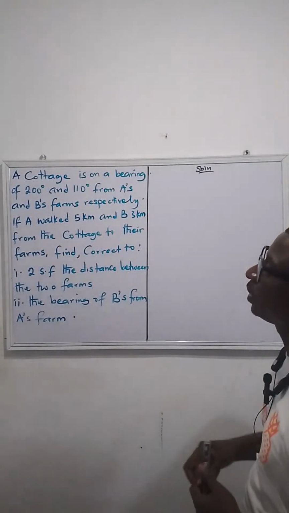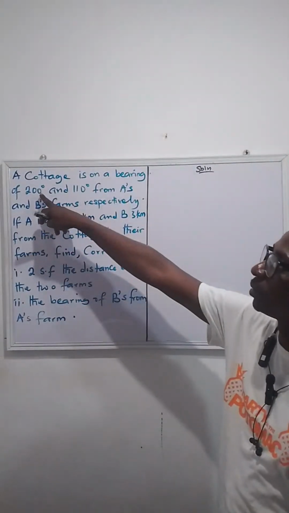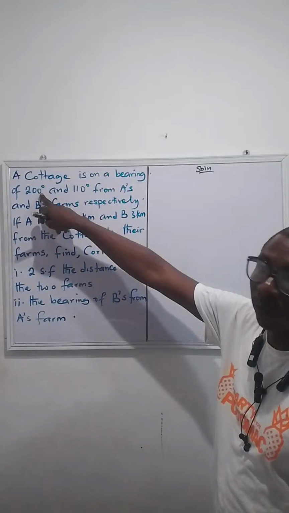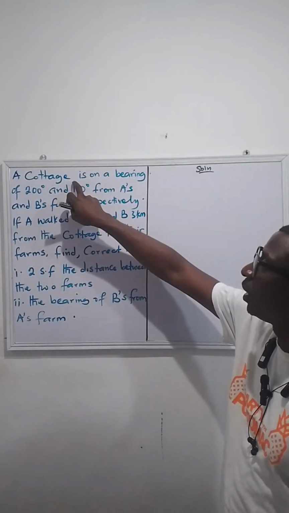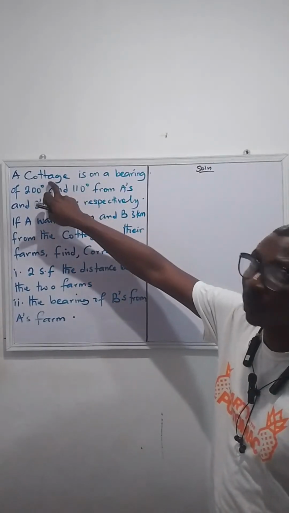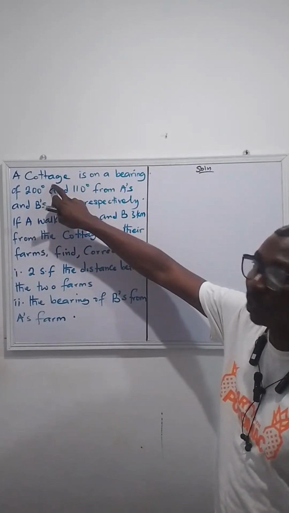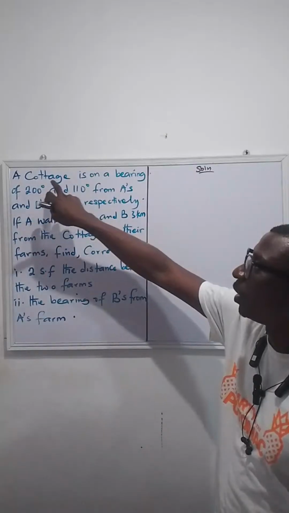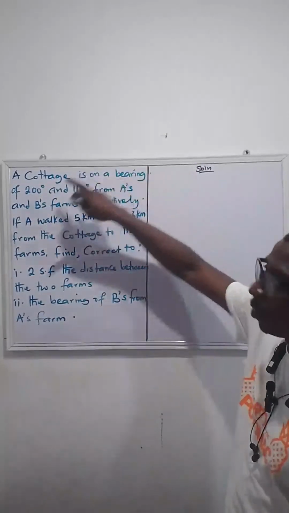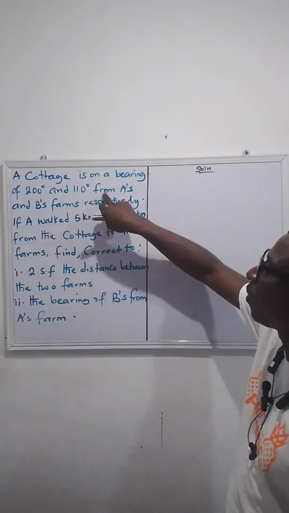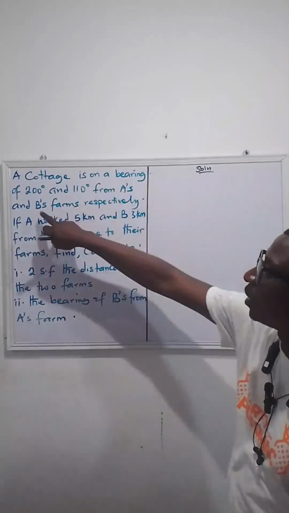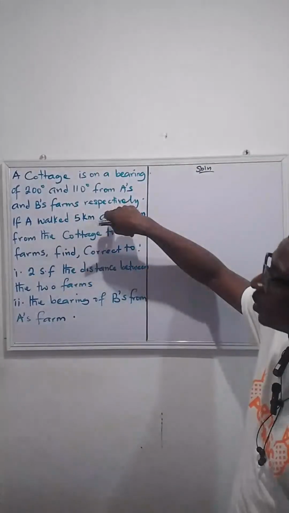A cottage is on a bearing. If you examine the question, you will see that the location of the cottage is being described here: a bearing of 200 degrees and 110 degrees from A's and B's farm respectively.